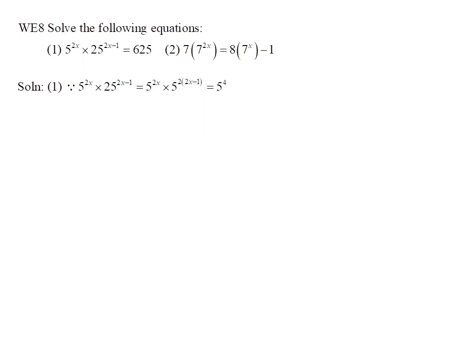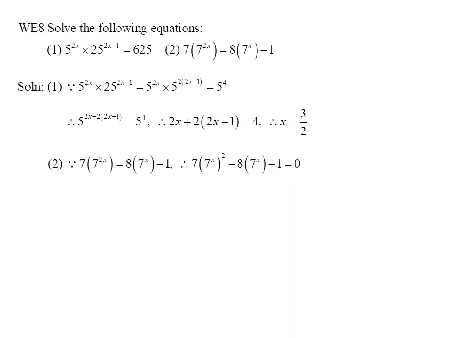Since 25 can be expressed as 5 squared and 625 can be expressed as 5 to the 4th, we rewrite all the bases to 5, and the equation becomes 5 to the 2x multiplied by 5 to the power of 2 times (2x minus 1), which equals 5 to the 4th. Since both sides of the equation have the same base, 5, we equate their indices and then obtain the result of x equals 3 over 2.